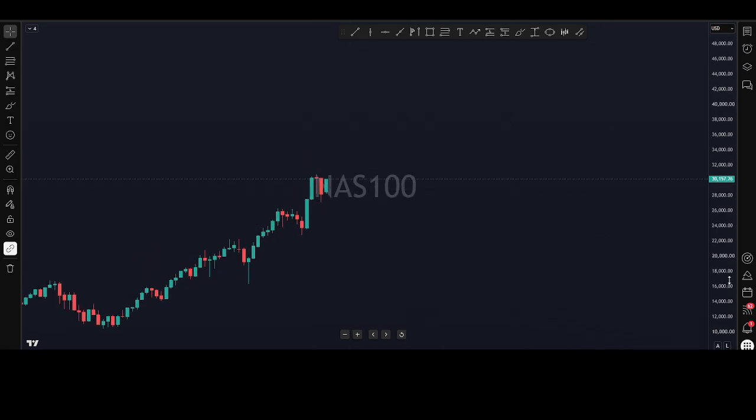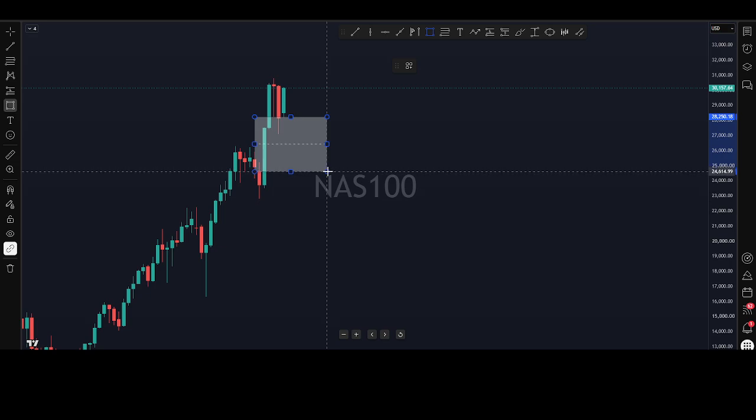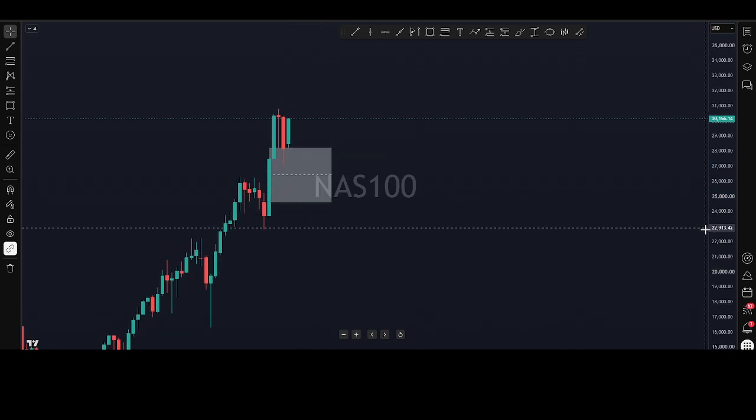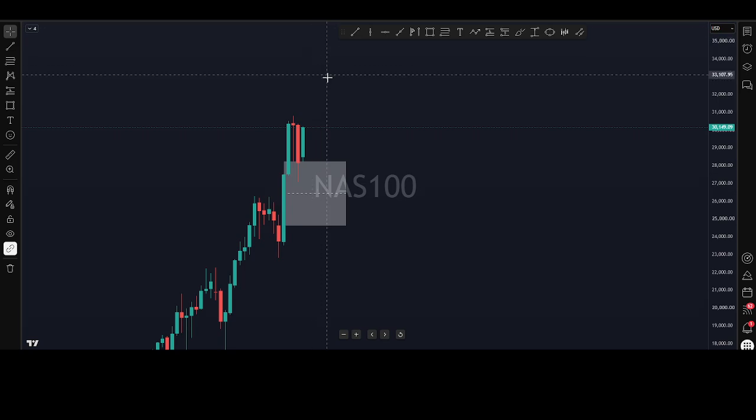On a monthly, we wouldn't necessarily need to mark all this up, but we may as well run through it because we've got one big fair value gap there, which would be a monthly, because you can include those two together. And you can see very clearly that we've not even got back to the 50%, which is the consequent encroachment. We've just pushed up again.